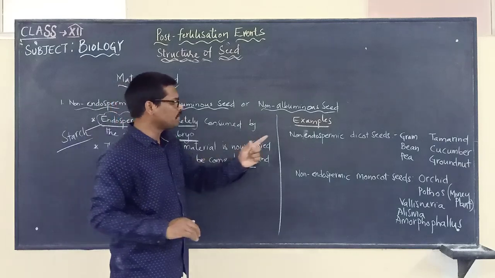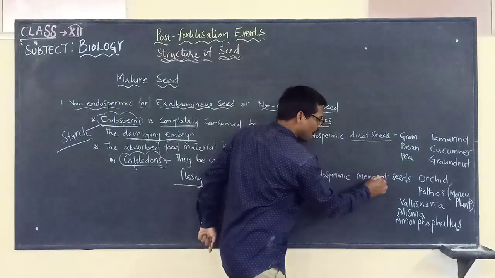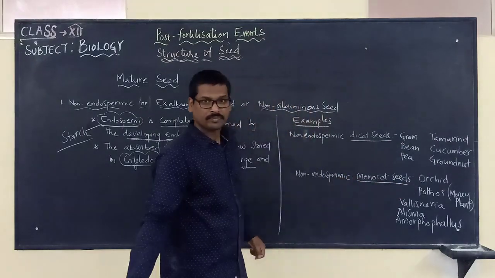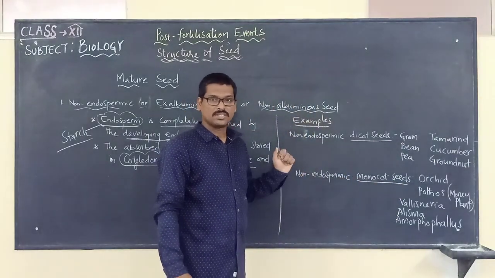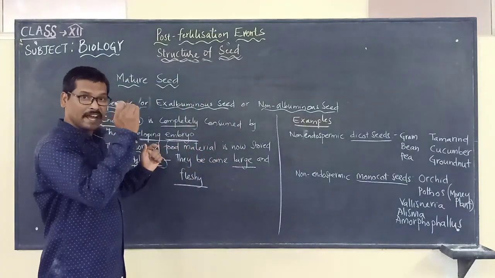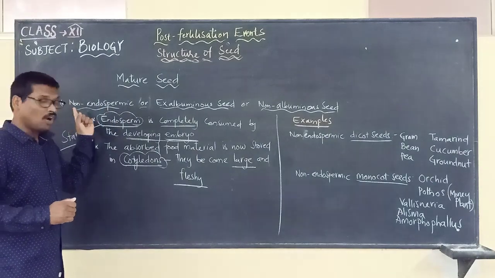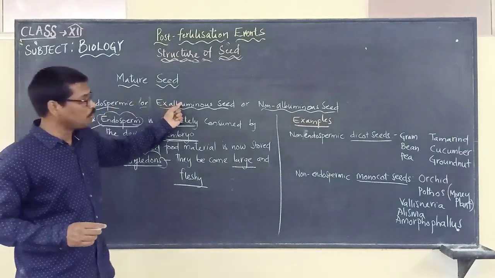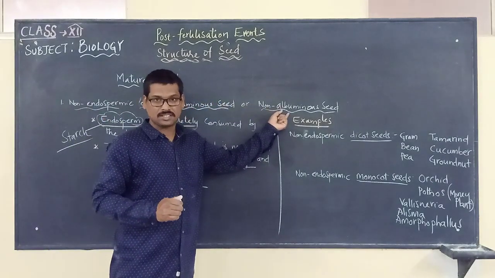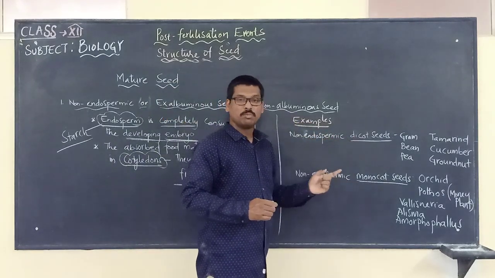And the best examples you have to keep in mind are in both dicot seeds and monocot seeds. There are seeds in both dicots and monocots showing non-endospermic, ex-albuminous or non-albuminous seeds.